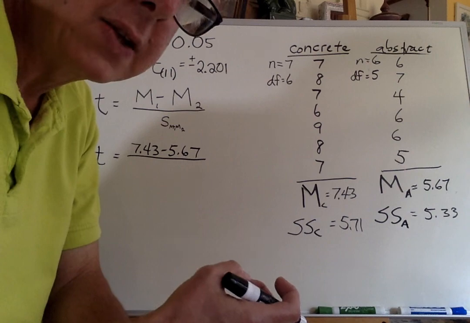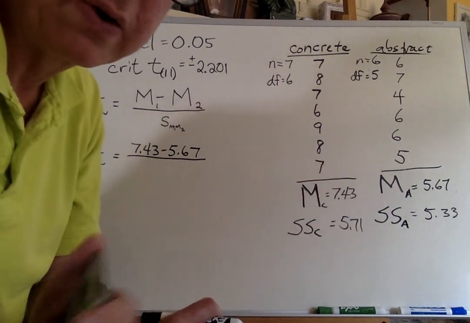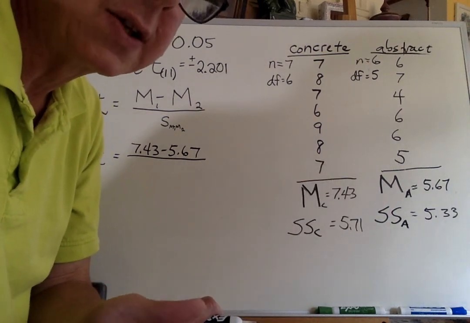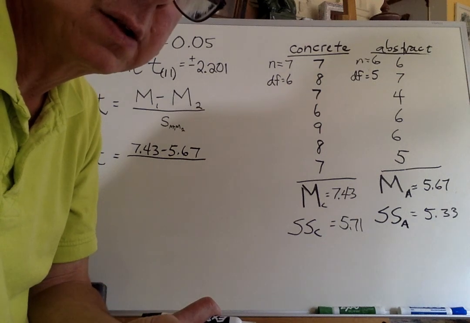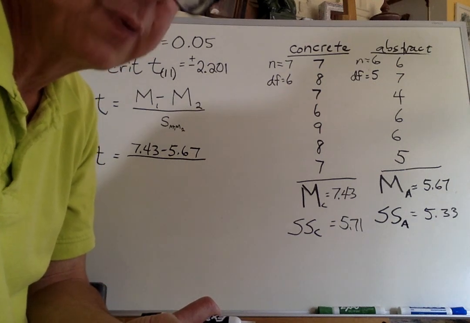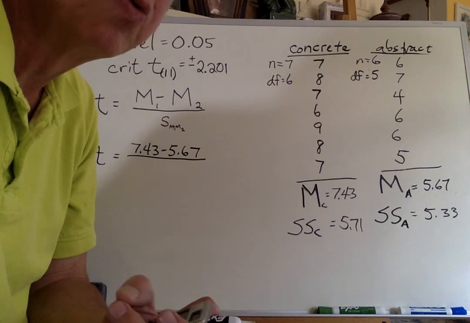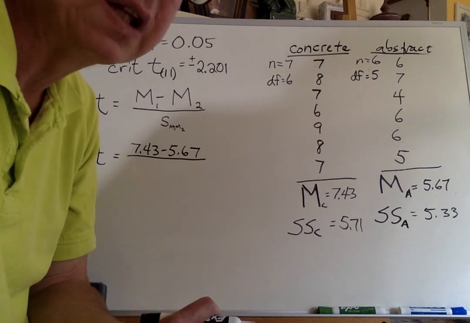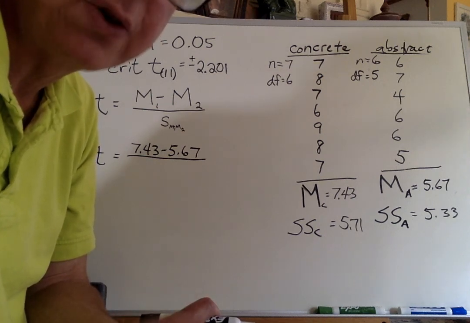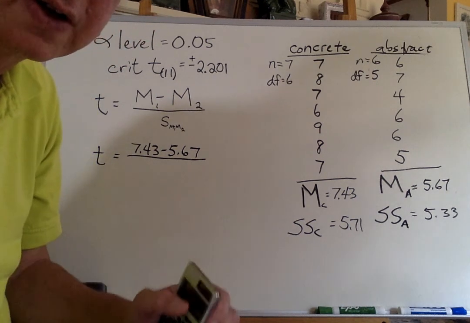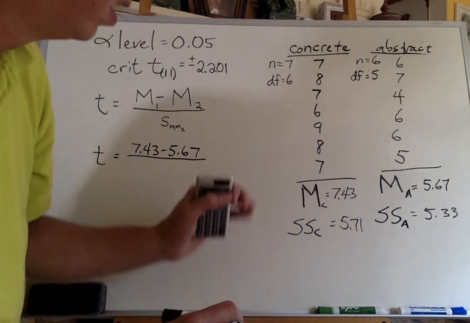If that's the case, then both of these variabilities should give us a guess at the same sigma. Okay? So, that is, we're assuming that the treatment just pushes the curve up or down the number line, it doesn't change the variability, okay?